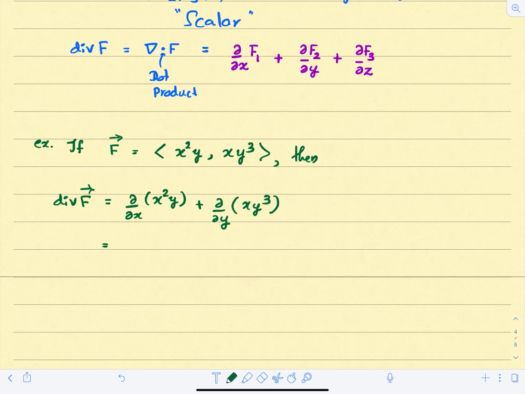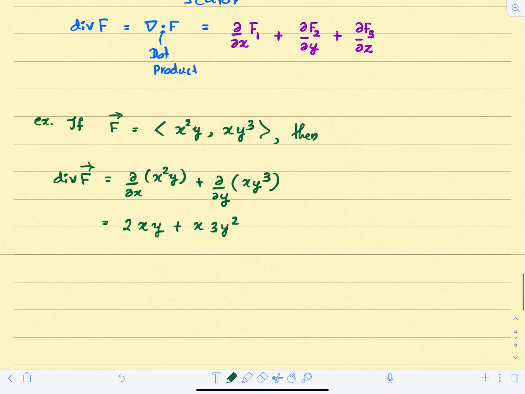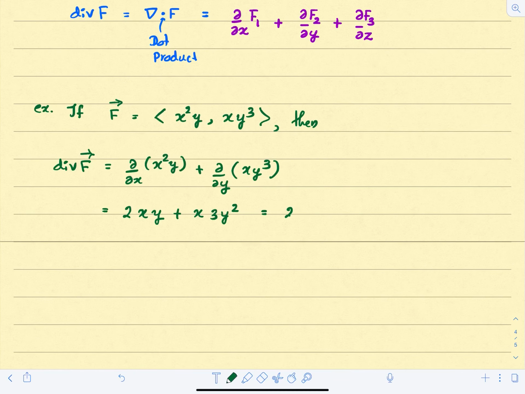And if you differentiate the first one with respect to the x variable, you should get 2xy plus, now we differentiate x y cubed with respect to the y variable, and we have x times 3y squared. And as you can see, this result is a scalar function.